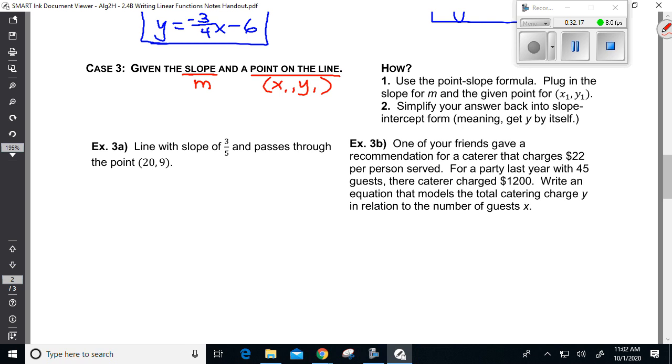So this is a scenario in which you would bring in point slope form. Plug everything in the point slope form, and then simplify your answer back to y equals mx plus b format.